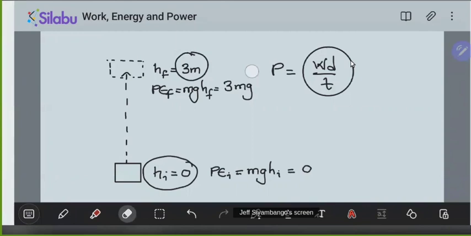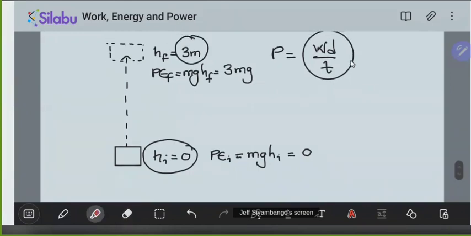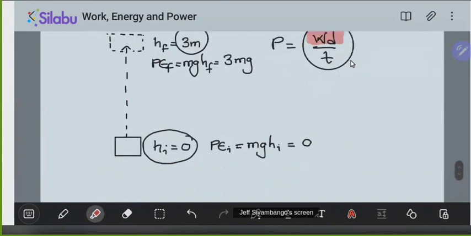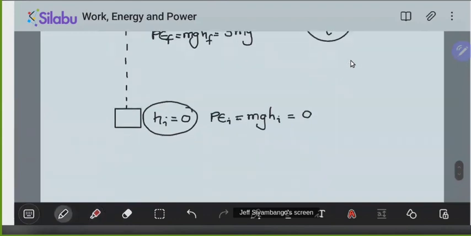Again, I still just want to find my work done. And we know that if the motor is lifting the water without accelerating it, then the work done will just be equal to the change in potential energy, not kinetic energy. And the change in potential energy is PE final minus PE initial.